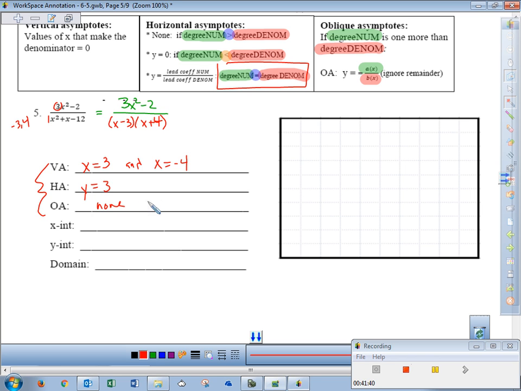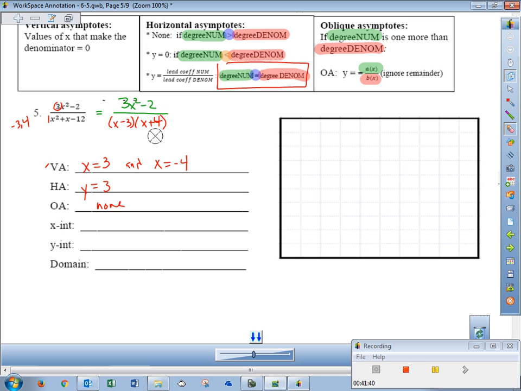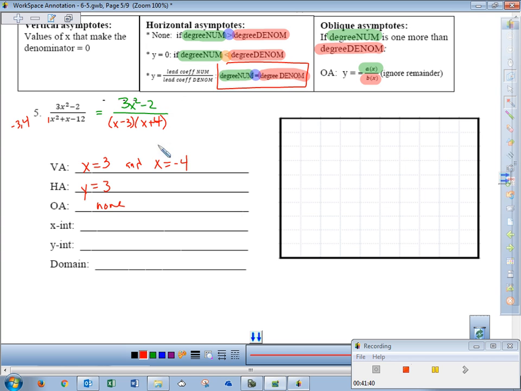All right. X-intercepts. What do you do for x-intercepts again? Where the numerator equals 0. So find yourself a little bit of room for scratch work, because it is a complicated numerator. I would like 3x squared minus 2.